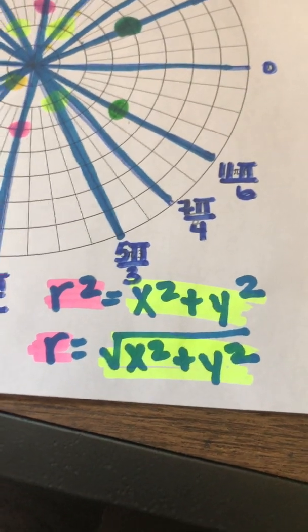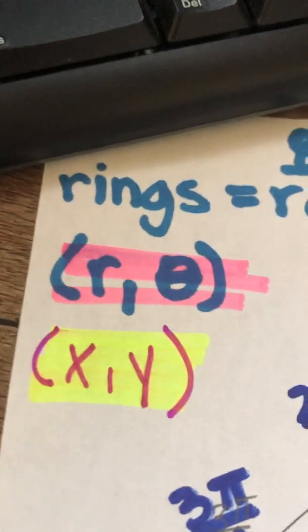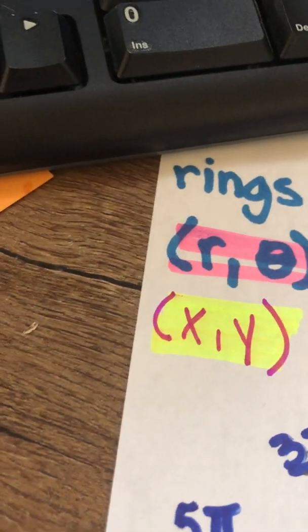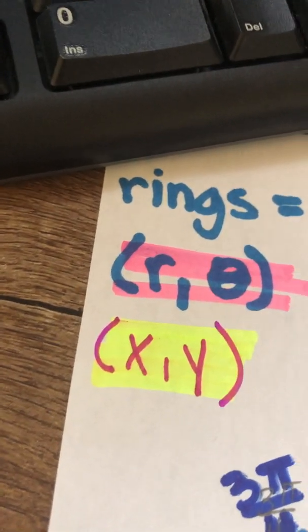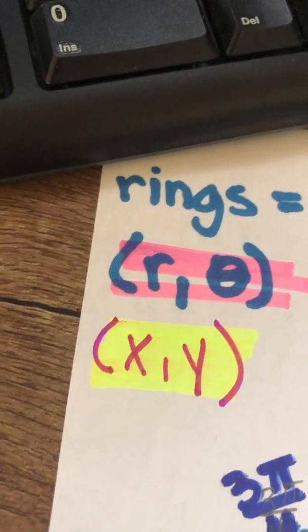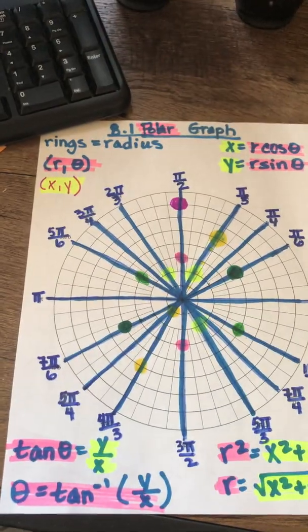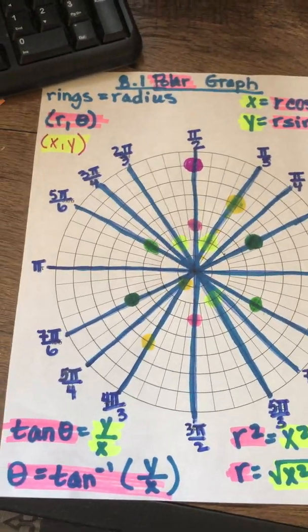So every time you see an r or a theta, it's polar. Every time you see an x or a y, it's rectangular. Rectangular means like when you graph a line or a parabola. Polar is when you graph a unit circle of different radii.